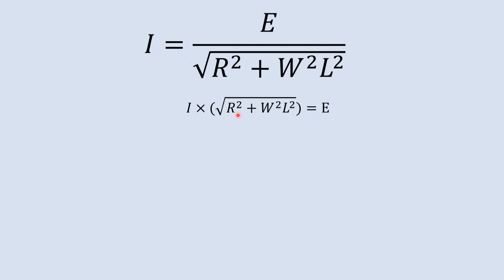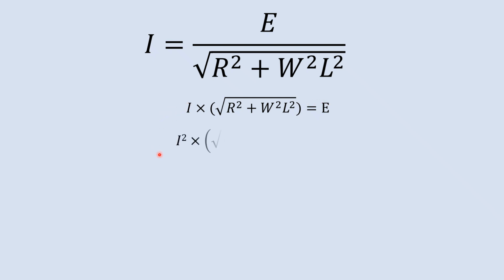To do that, we have to remove this square root sign. The square root sign means to the power half. So if we square this whole thing, we remove the square root. But we also have to square this and also square that.